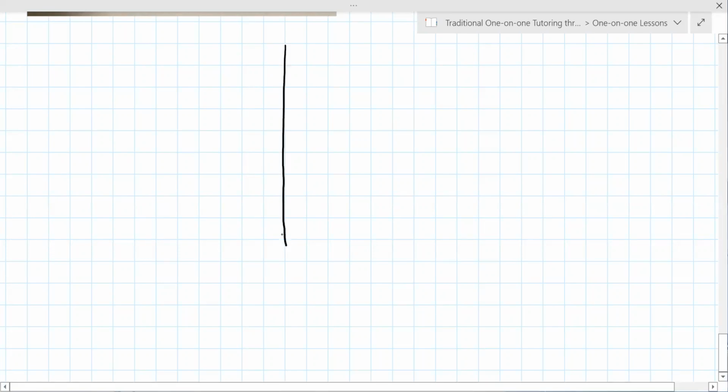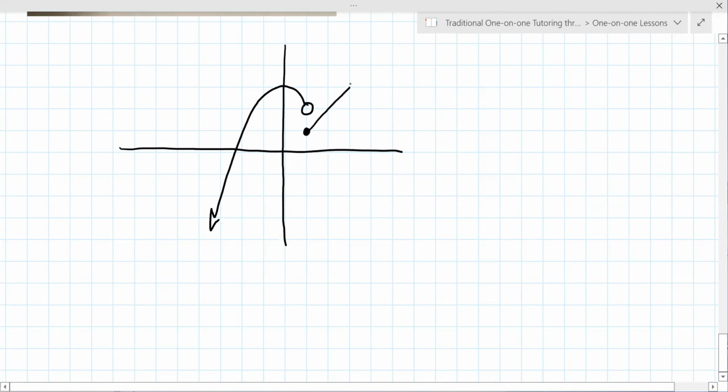So let me see if I can do this. Now I'll just draw it here. Okay, so here is a hole, and the graph's going like that, and then filling it in, and we're going up like that.